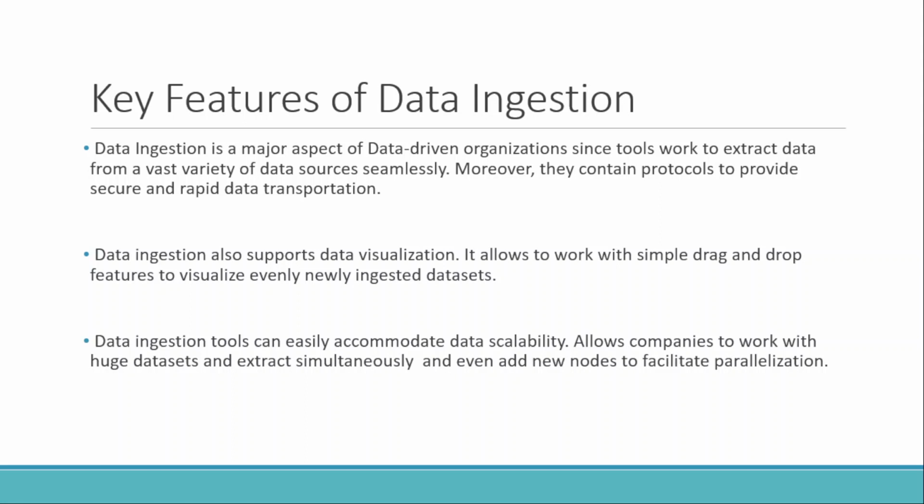The destination might not be the same type of data store as the source, and often the data format could also be different, or the data needs to be shaped or cleaned before it is loaded into the final destination. Moreover, they can also contain certain protocols to provide secure and rapid data transportation scenarios. Various tools, services and processes have been developed over time to address these kinds of challenges.